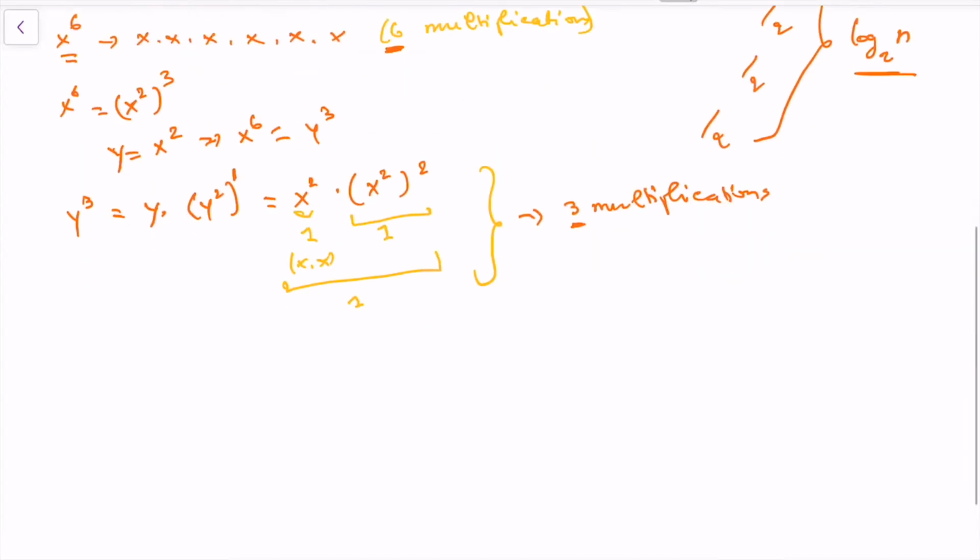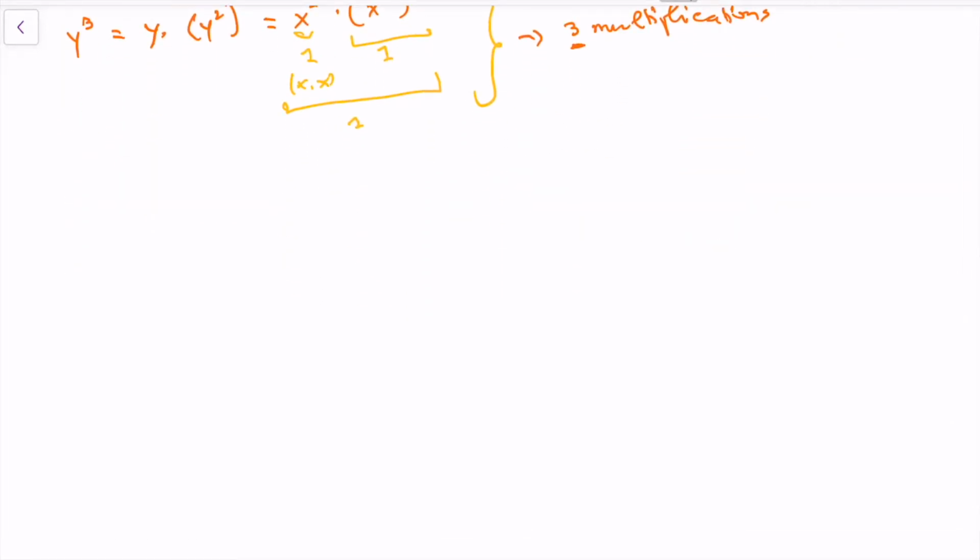Let's use Python to write this. So the function would be, let's call it exponentiation of n, x to the power of n, by squaring.